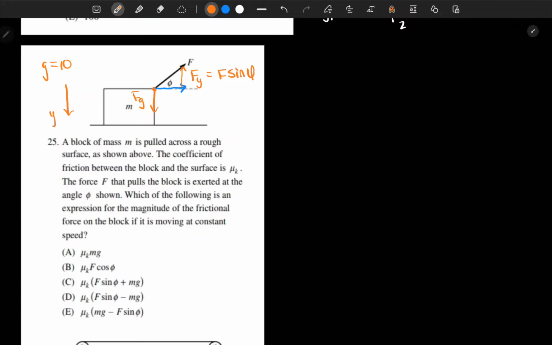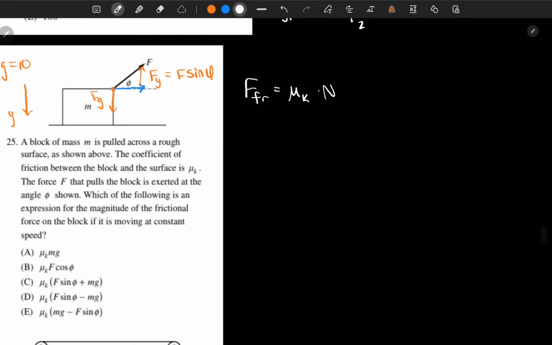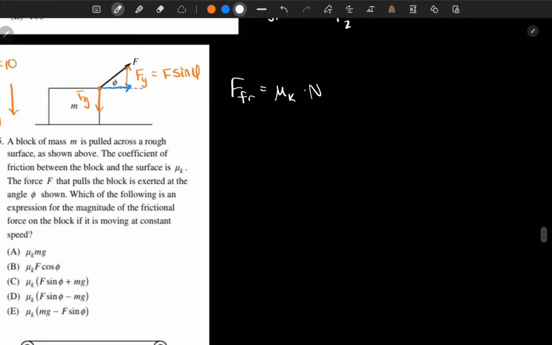just using simple trigonometry. Then the friction force, F friction, is equal to mu k, the coefficient of friction, times the normal force. The normal force is the net force acting in the vertical direction.